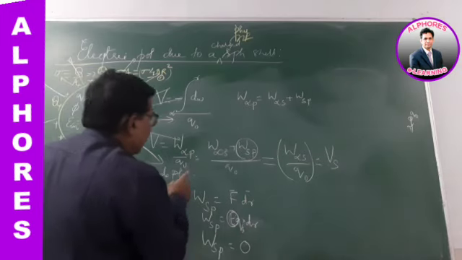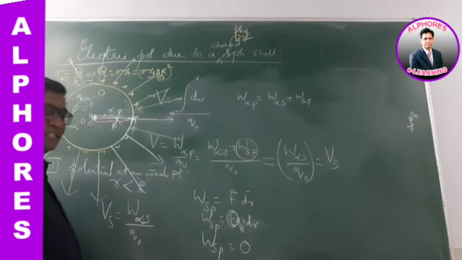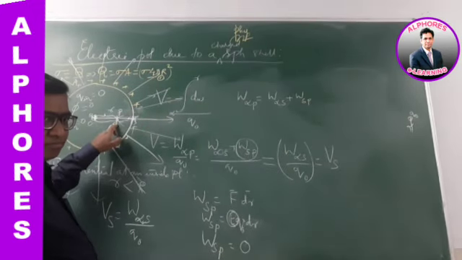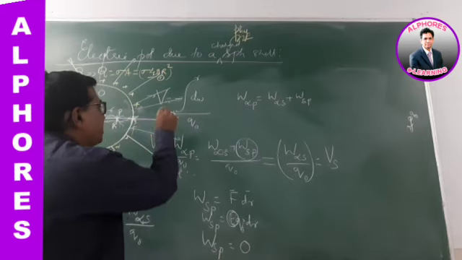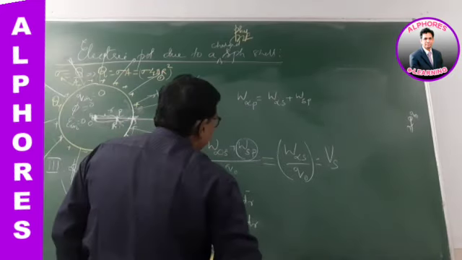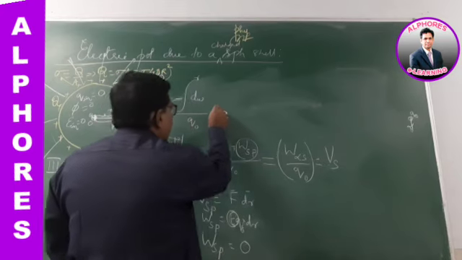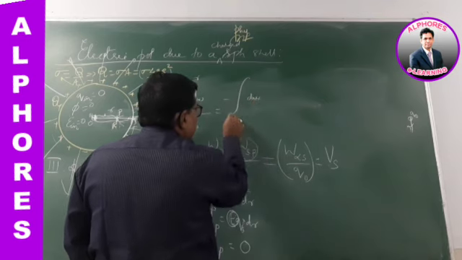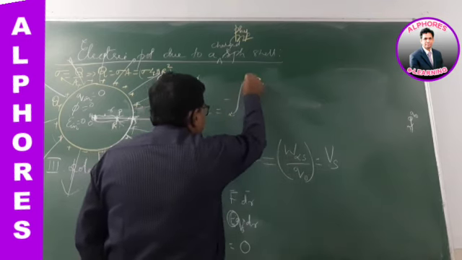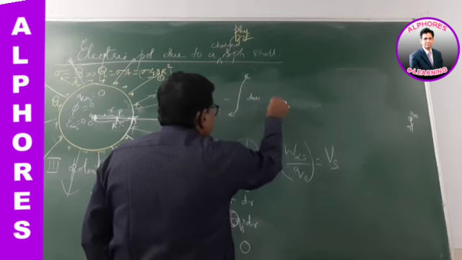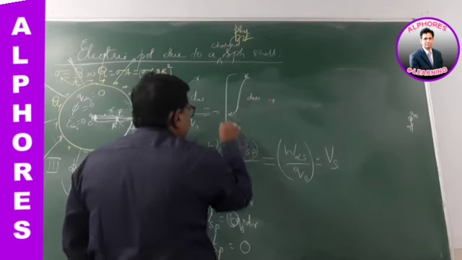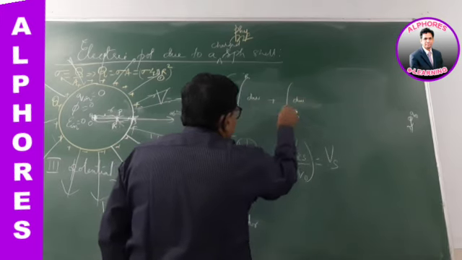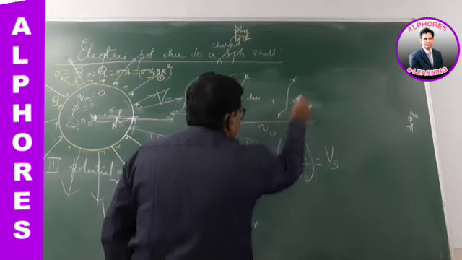So while moving to a point inside the sphere, I have to move from infinity to the point inside the sphere. The total work done in moving from infinity to the point inside the sphere is equal to minus of the work done in moving the unit positive test charge from infinity to the surface, capital R, plus the work done in moving the unit positive test charge from capital R to small r by q naught.